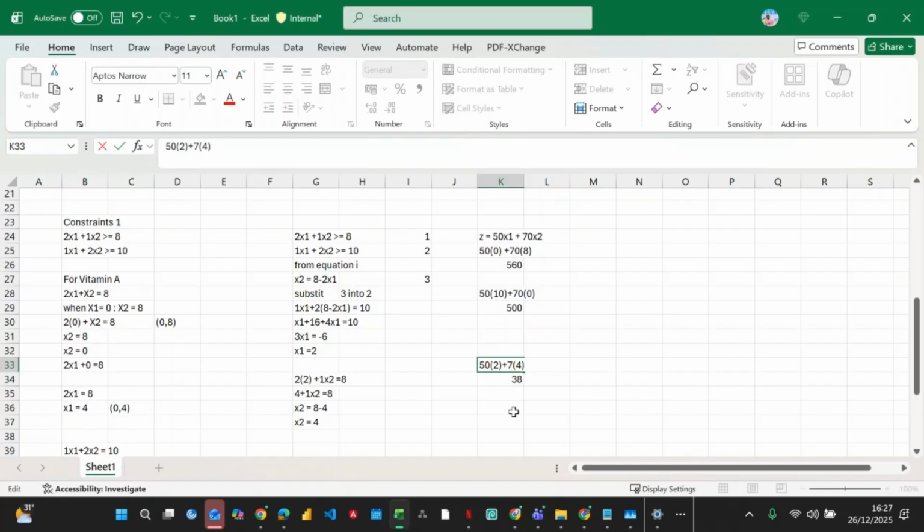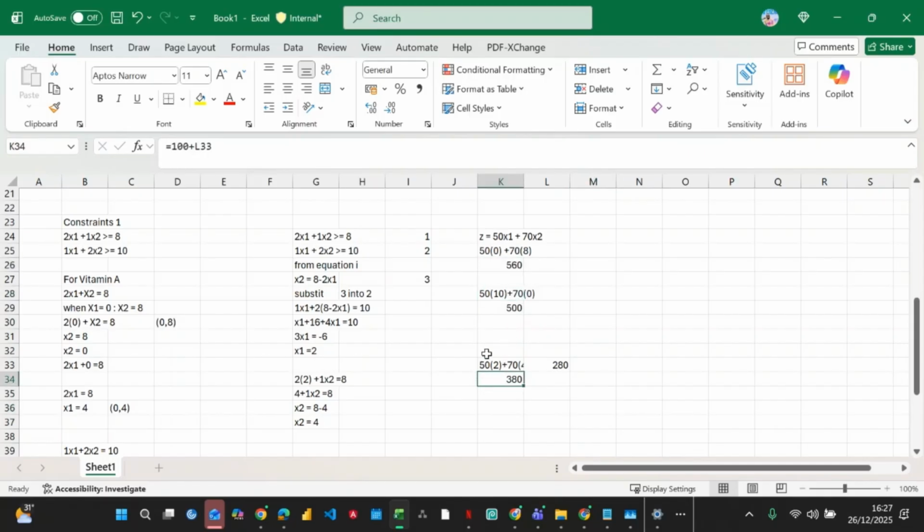Okay, this is supposed to be 50, and 70. Thank you. So this will now give us what? This is supposed to be 70 times 4, that is 280. And this one is supposed to be 100, times this.